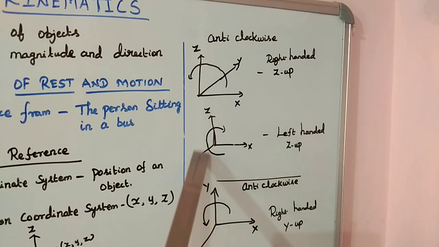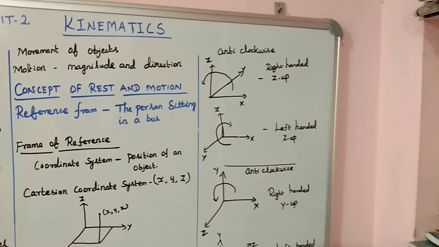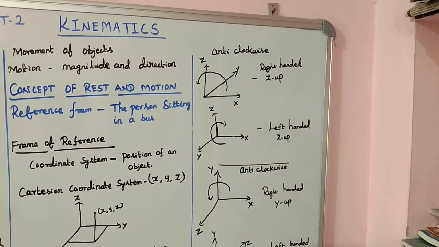If we move to the left side, this is the left-handed system, which is always clockwise. The right-handed system is anti-clockwise. So always we measure the right-handed system anti-clockwise and the left-handed system clockwise.